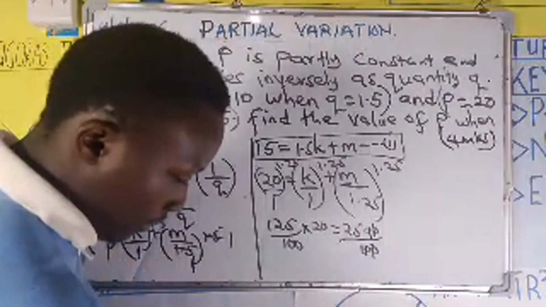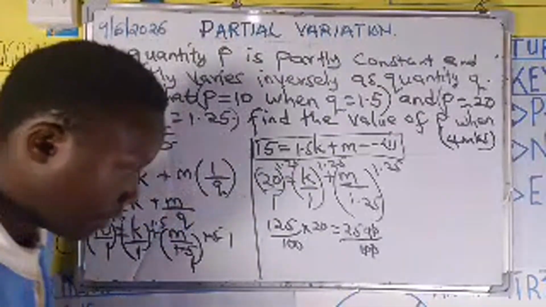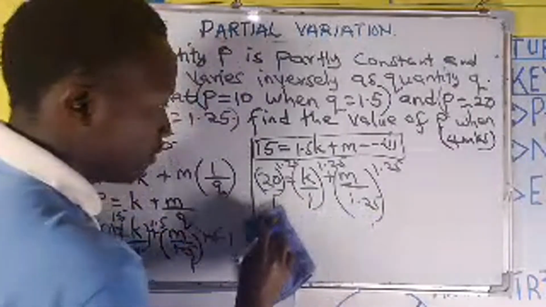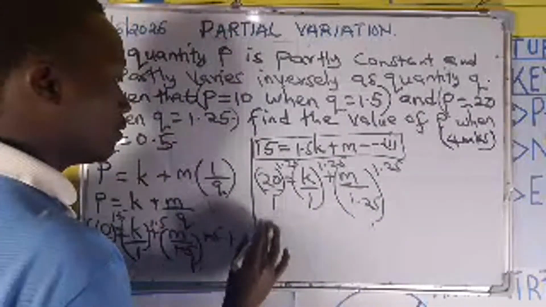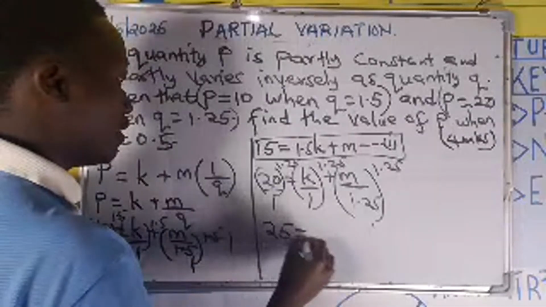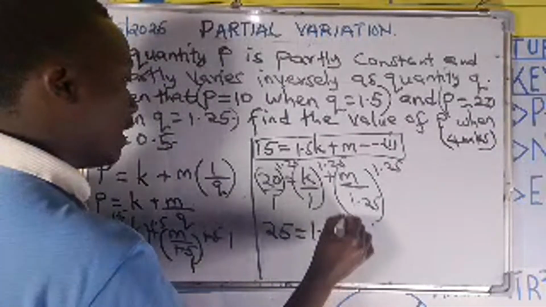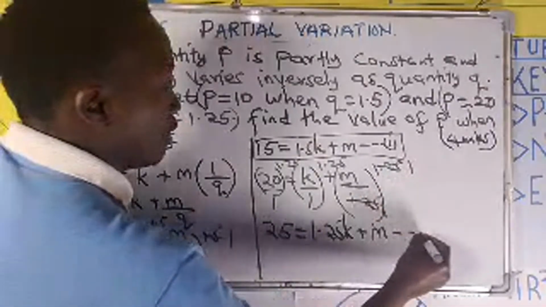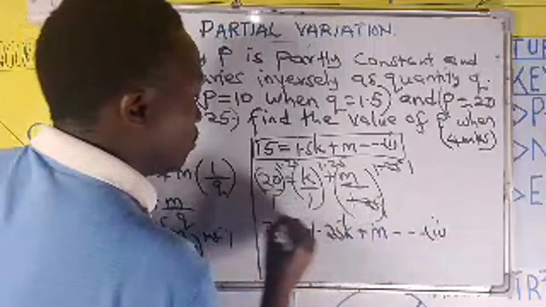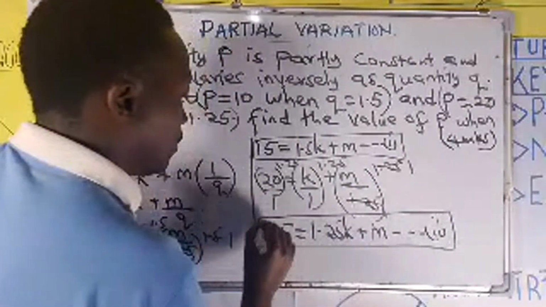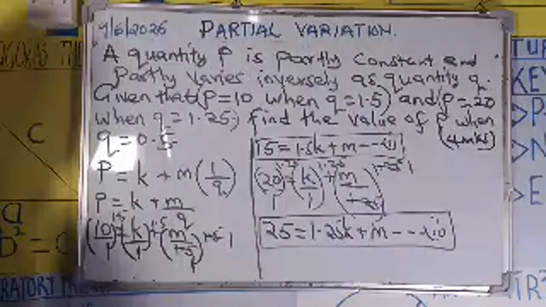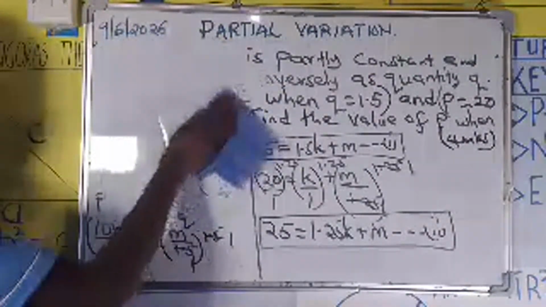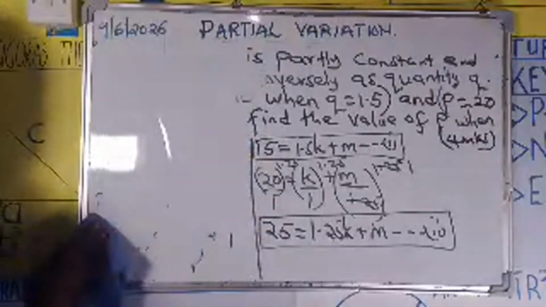So itakuwa 25. It will be equal to 25 is equals to 1.25k plus m. So that will be our equation 2. With these two equations, we can be able to find m and k.